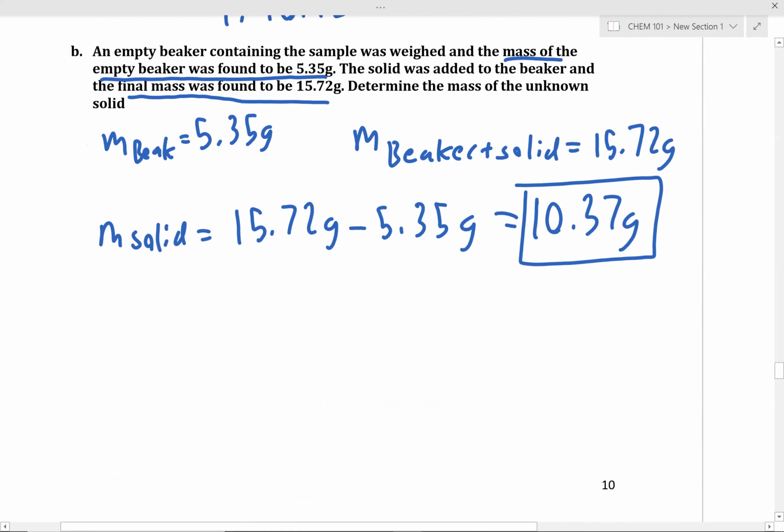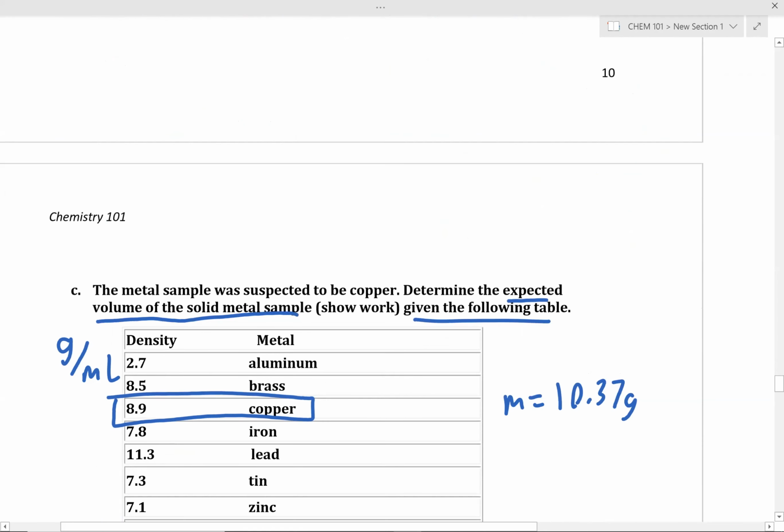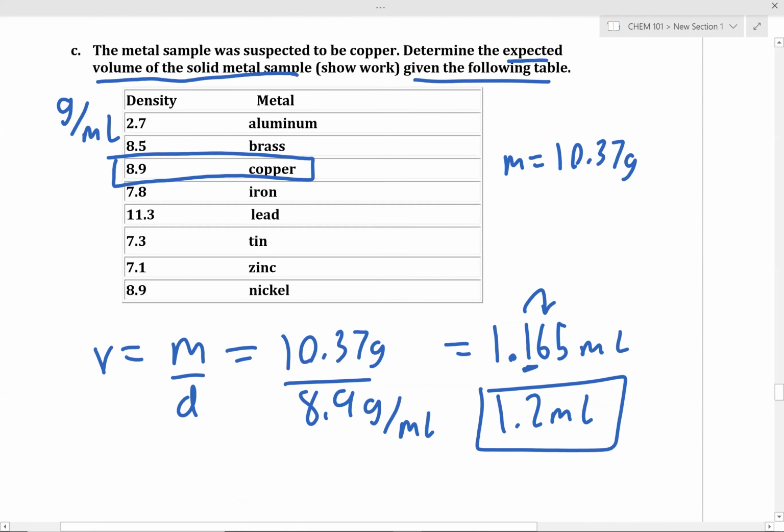That's where we get it from. Yep, exactly. We calculated it in step B, and step C is saying we have this sample, we know its mass. Can we predict its expected volume given the density? Does that make sense? Perfect. So if it's a sequential question like A, B, C, D, and E, make sure you refer to the previous steps.